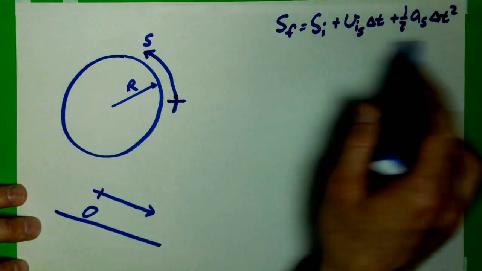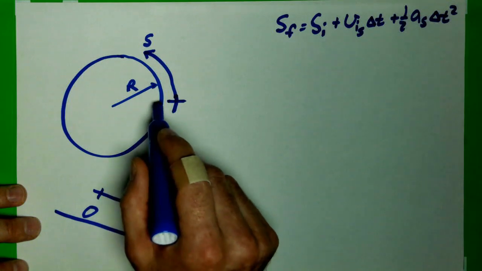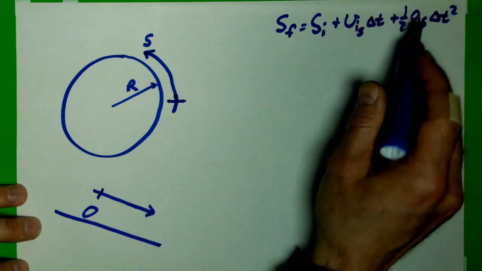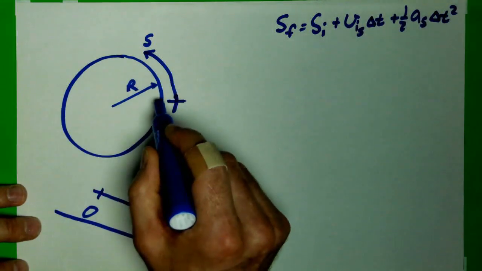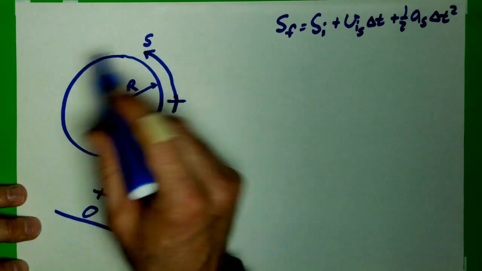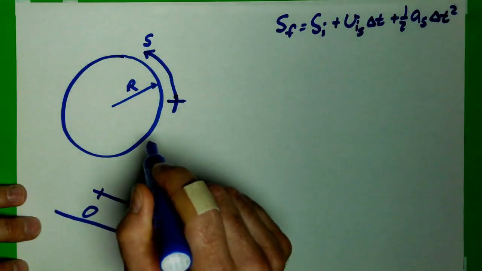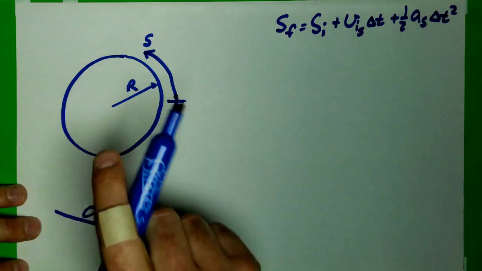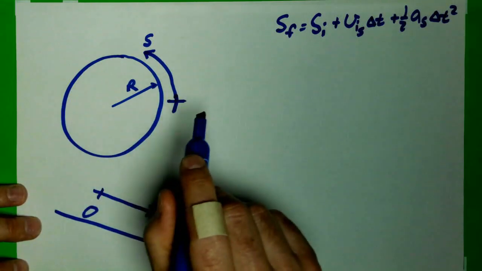So we could talk about this in the same way. Say I start here at 0, and let's say I start at rest, but there's an acceleration along the curve. Maybe it's a little rocket engine that's making me speed up around this. I'm holding it on a string or something like that, and the rocket engine is spinning around, and I can get that acceleration.